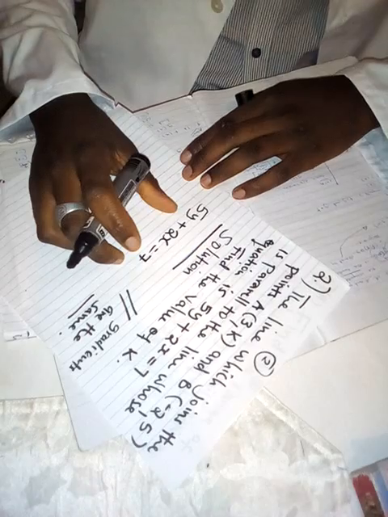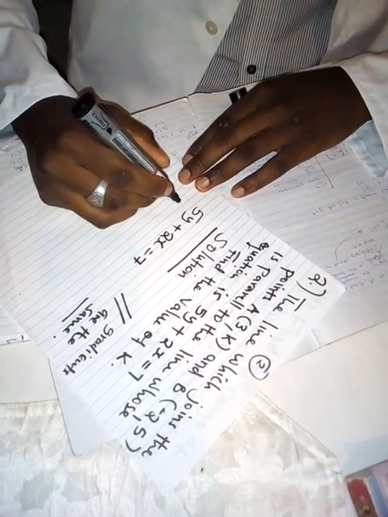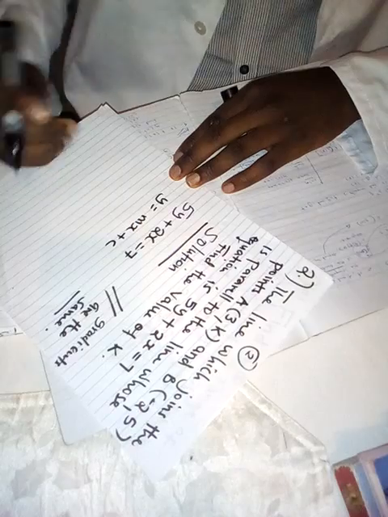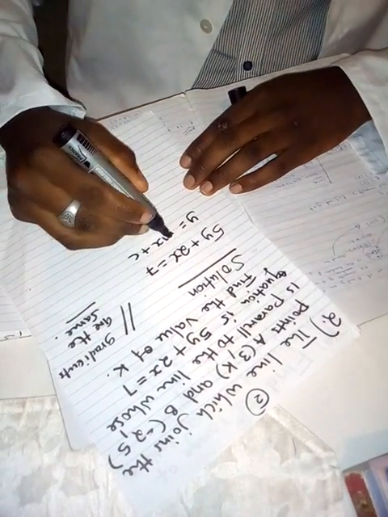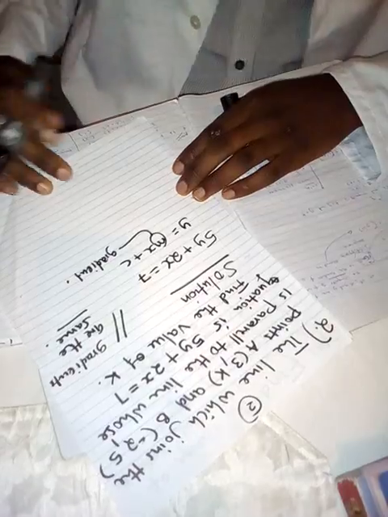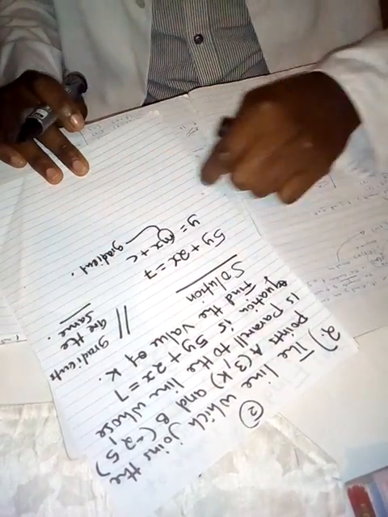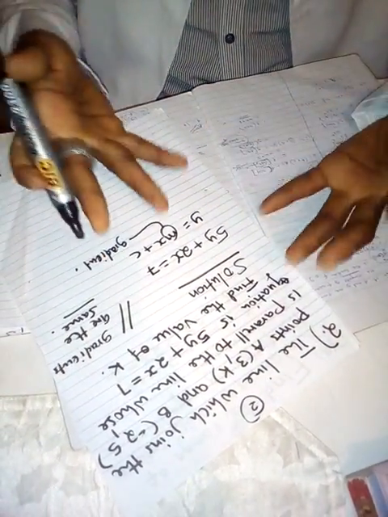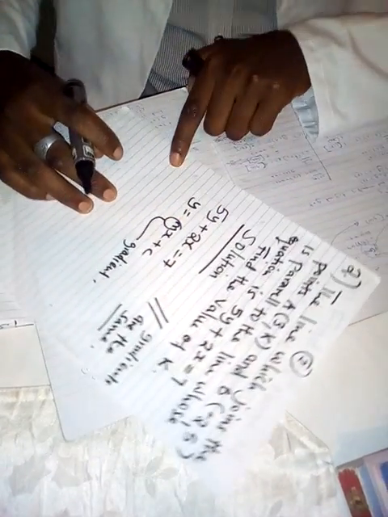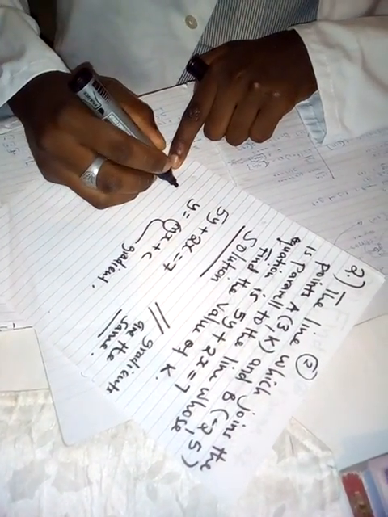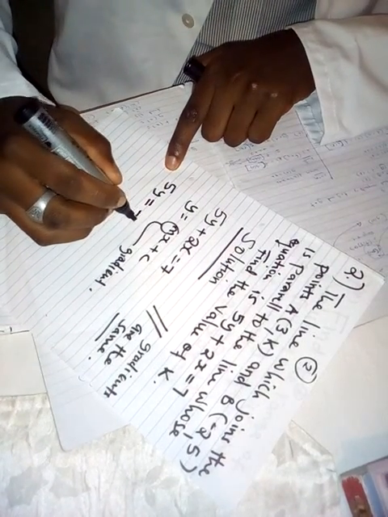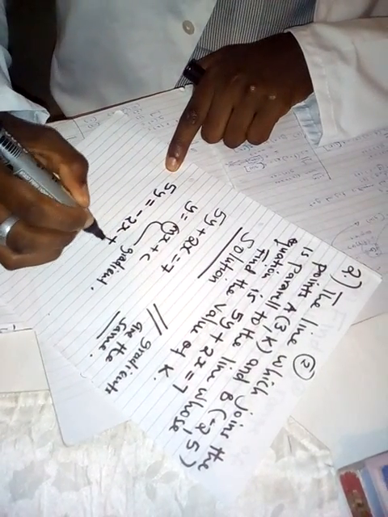You should reduce this equation into the form y equals mx plus c, where m is the gradient. This equation is not in this form, so you should reduce it to be in this form. So it will remain 5y is equal to minus 2x plus 7.